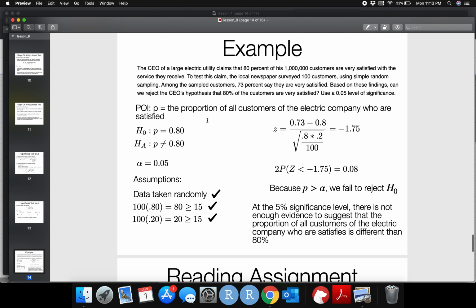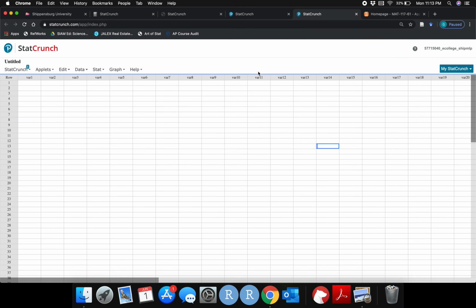So similarly, for a hypothesis test, as in a confidence interval, you go to Stat, Proportion Stats, one sample with summary. It takes us to the exact same window as before, but of course now we're performing a hypothesis test and not a confidence interval.